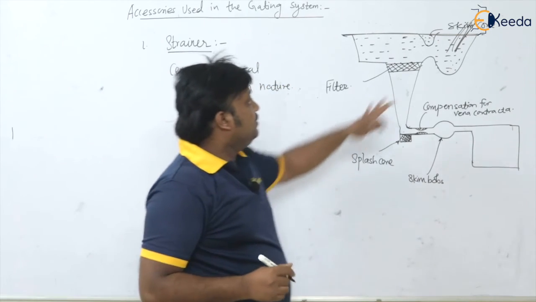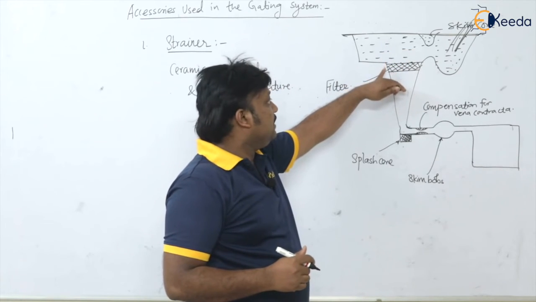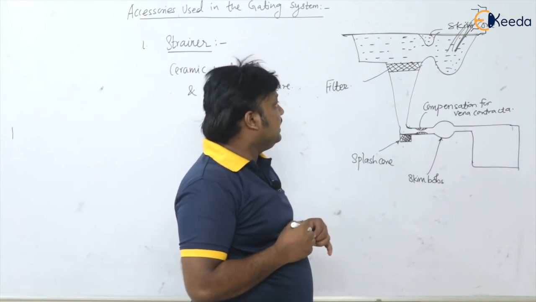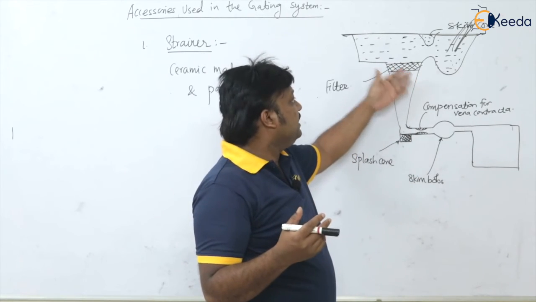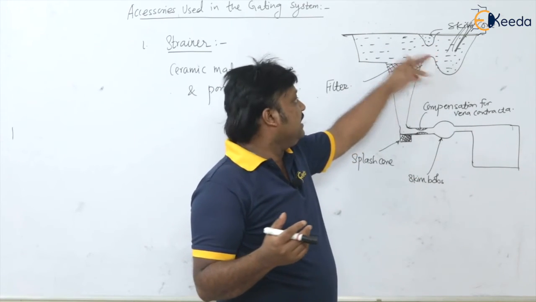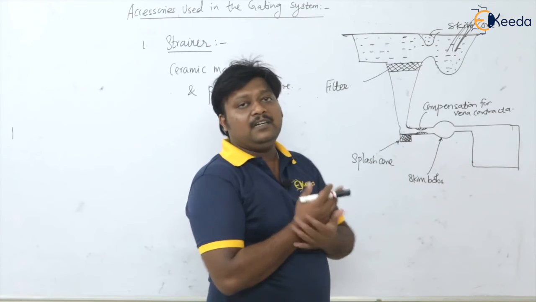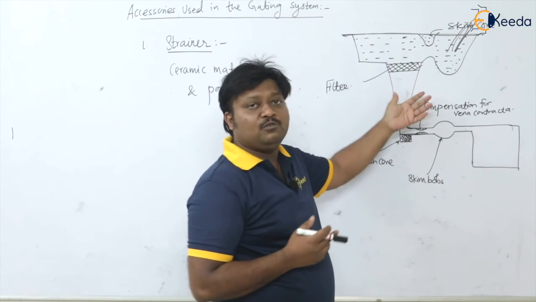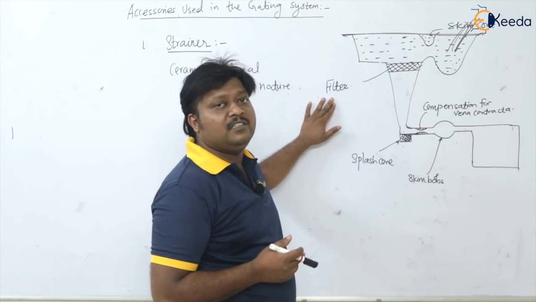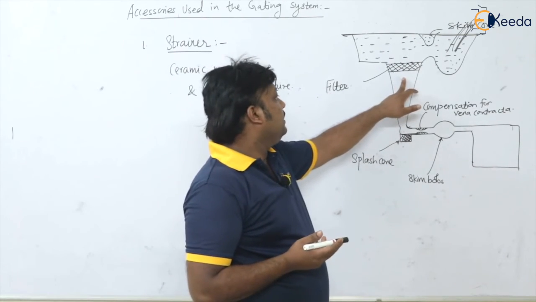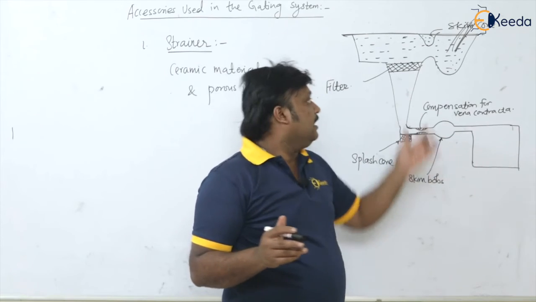So from the basin, whatever molten metal is coming down, it gets filtered here, and whatever the slag or the dross, the lighter impurities, will get separated, so that the pure molten metal can flow next to this basin, isn't it?